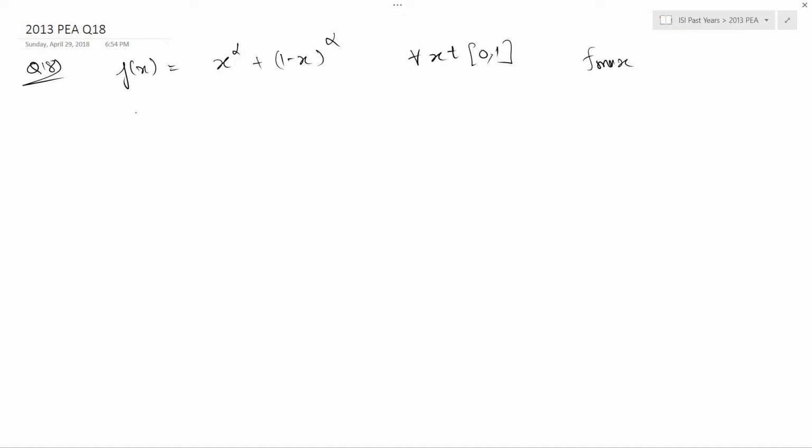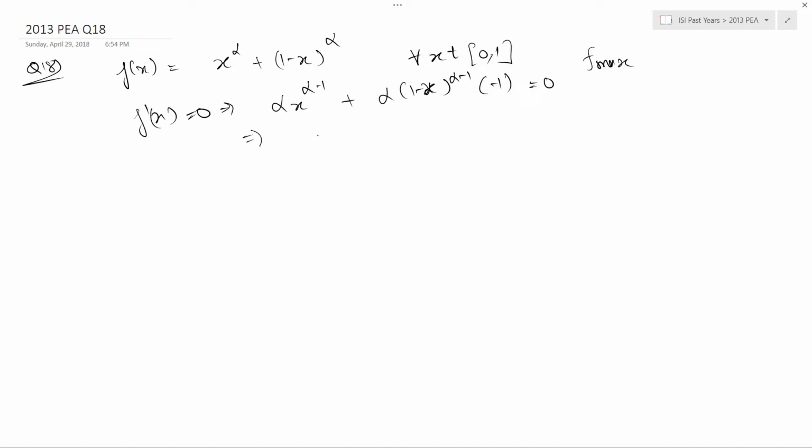So one way to do this question is simply finding f dash x and then finding out if this is a maxima or a minima. So f dash x equals 0. This implies alpha x to the power alpha minus 1 plus alpha into (1 minus x) to the power alpha minus 1 into minus 1 is equal to 0.